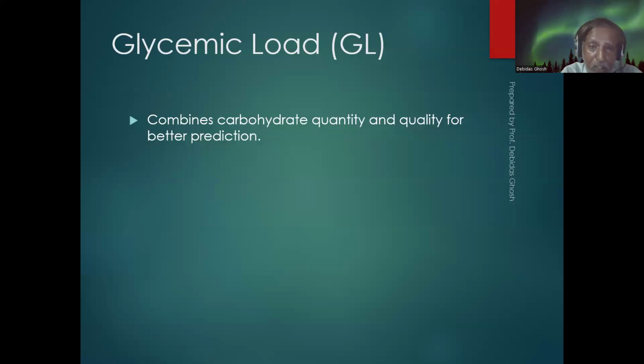We mainly include food items having low glycemic load, though the glycemic index may be moderate or high. As for example, if we consider watermelon, it has a high glycemic index, that is the value is near about 72. So it is the high glycemic index.